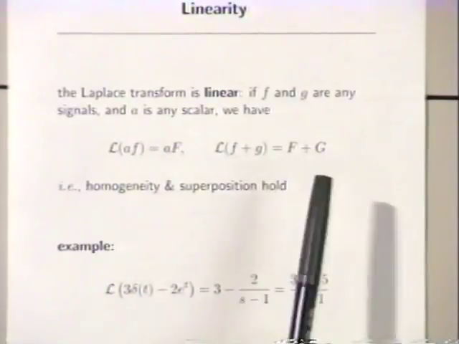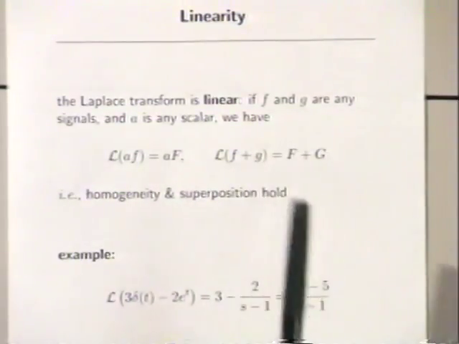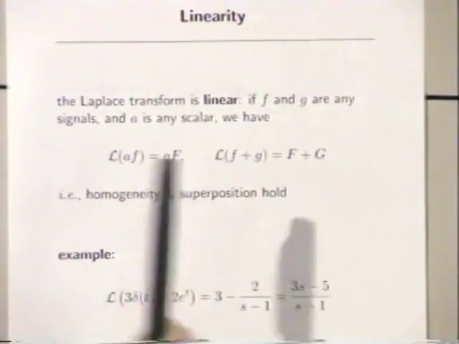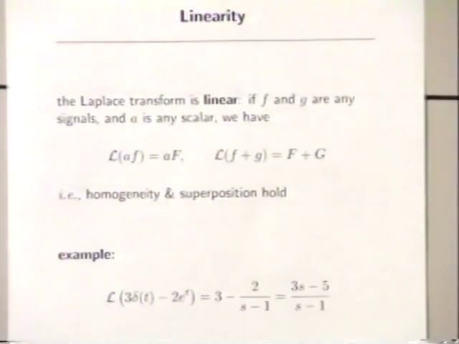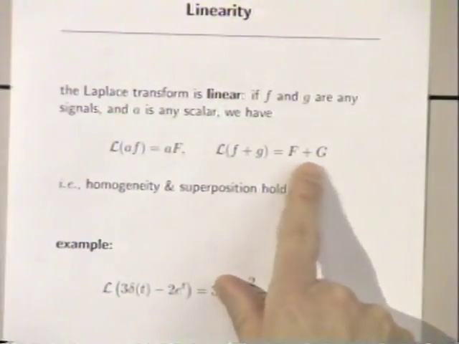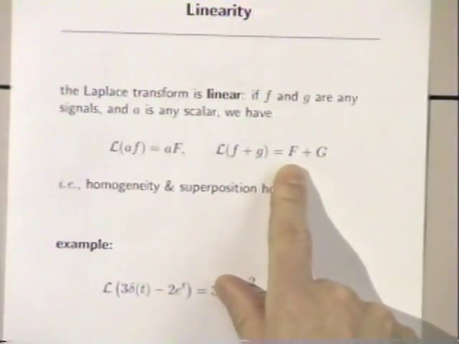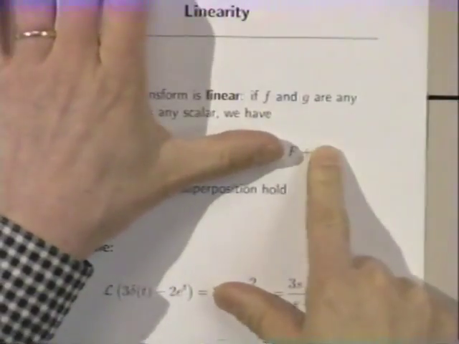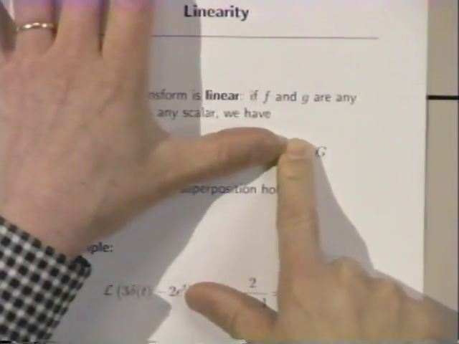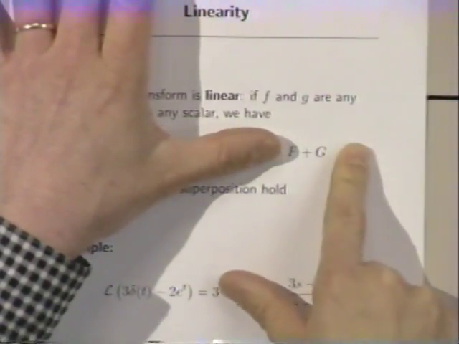This says I can take two time signals, add them together to get a new time signal, take the Laplace transform, and I get a complex valued function of a complex variable. Alternatively, I could take the Laplace transform of each signal separately, and then add these.